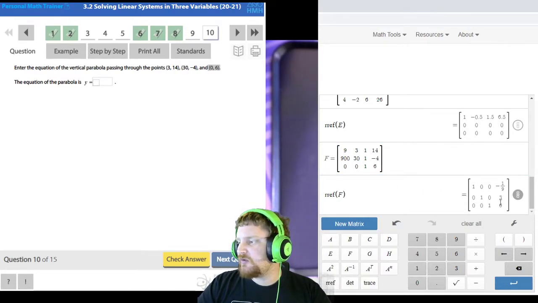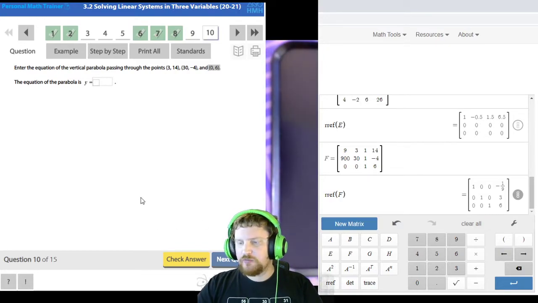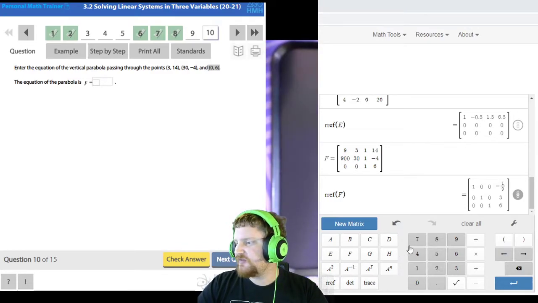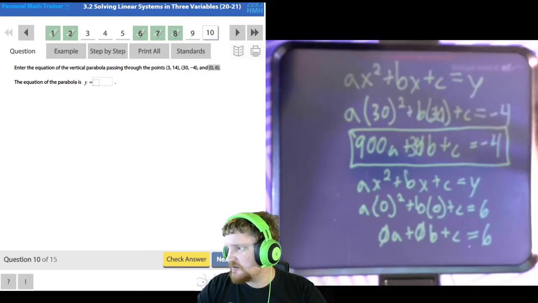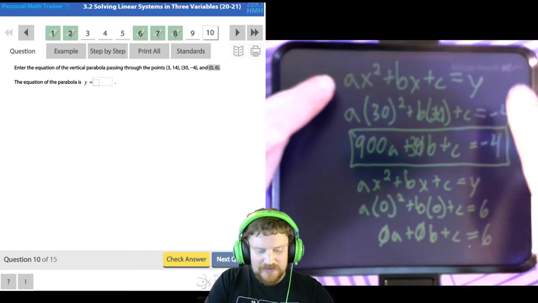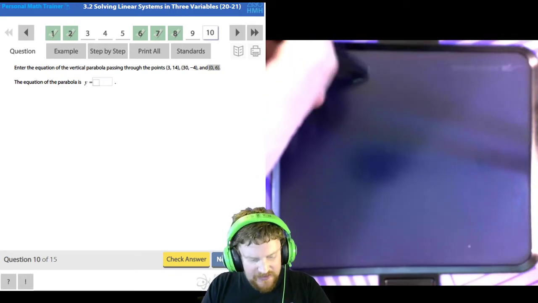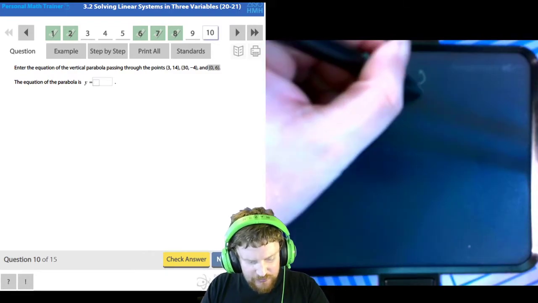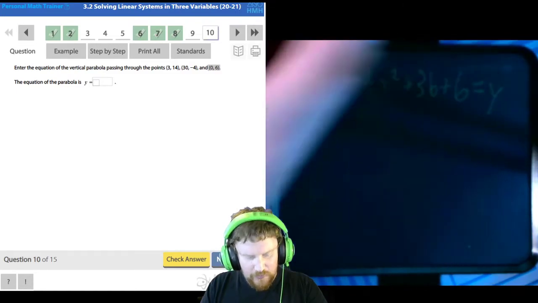Negative 1/9, 3, and 6. So now what I need to do though is plug the values that I've got, negative 1/9, 3, and 6, back into this equation. So a is negative 1/9 x squared plus 3x plus 6 equals y.